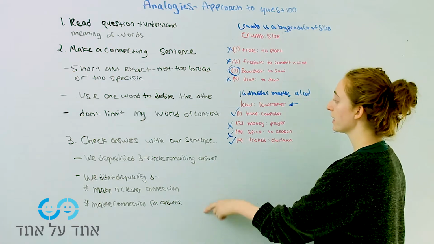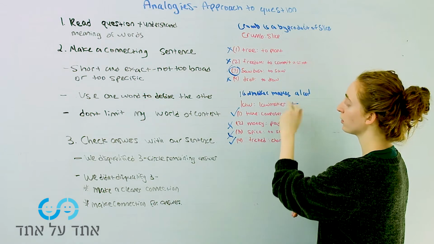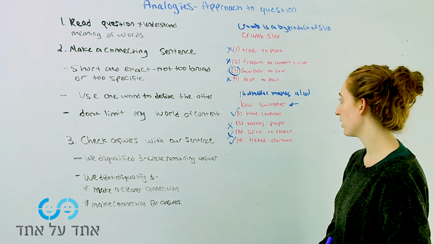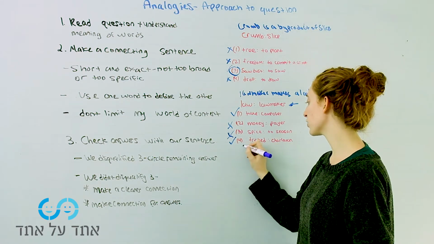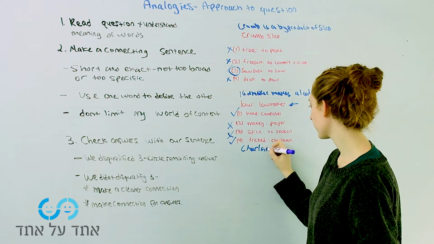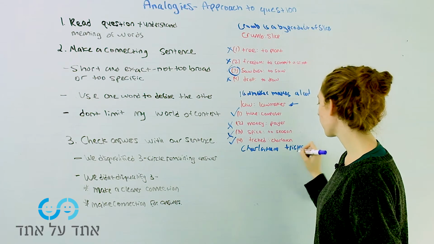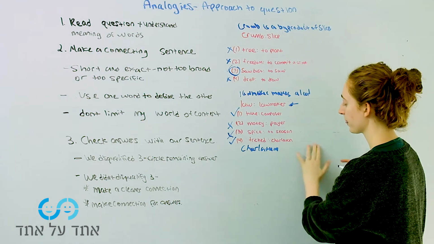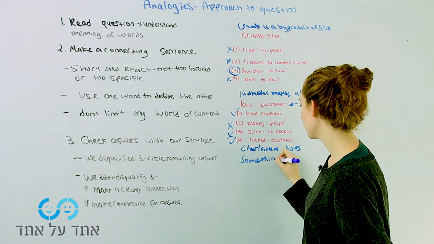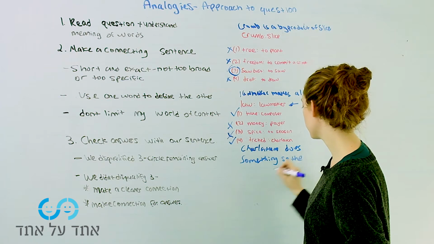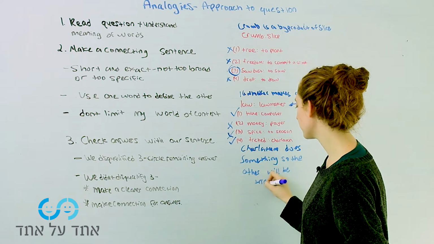Now I'll have to make a connection from the answers and compare between the answers. Once I have a connection, I'll put it on my question and see if it works. So tricked and charlatan, I'll say that a charlatan does something, so the other will be tricked.